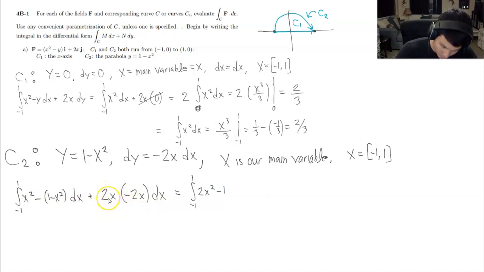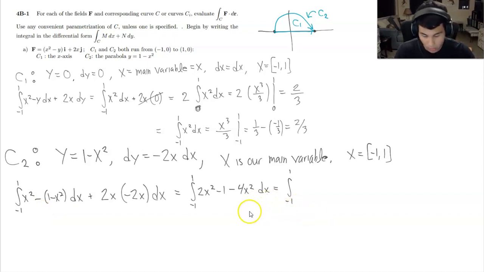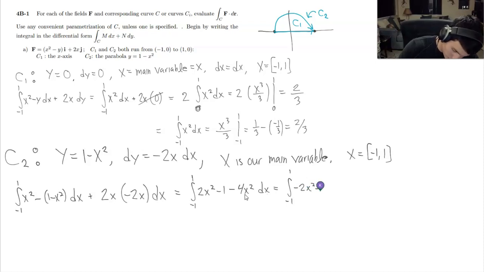And then plus, what's this? Ooh, that's a negative 4x squared dx. And we gotta simplify it again. But like I said, you need to draw as many integral signs as you can when you integrate, because it makes you look a little cooler. So 2x squared minus 4x squared, we get negative 2x squared minus 1 dx.